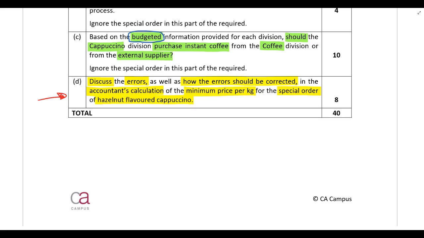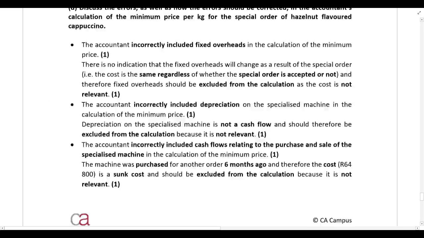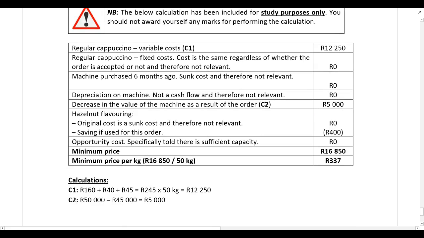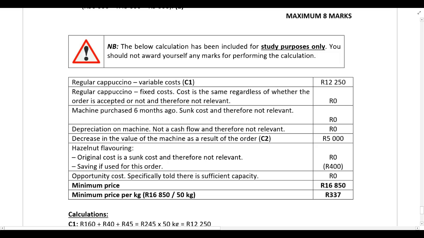Now, if you jump to the suggested solution, you'll see I have actually included the correct calculation for you over here. But please note, you'll see I've said that the calculation has been included for study purposes only. If you perform the calculation, guys, you can't award yourselves any marks because you're not answering the required. The required did not ask you for the calculation. The required asked you to discuss the errors and how those errors should be corrected in the accountant's calculation.